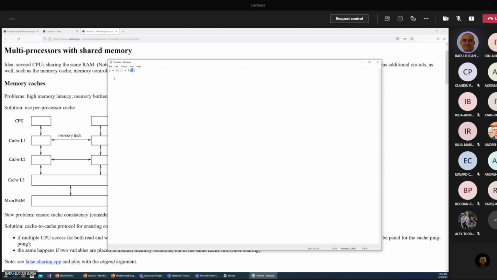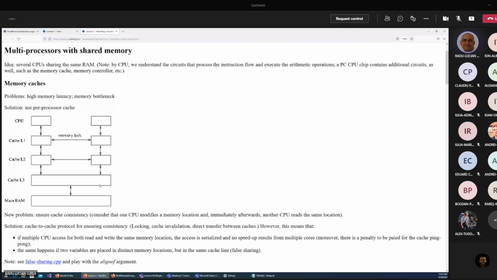And you keep in the main memory only the variables that are used more rarely compared to the other ones. And this way you can optimize things. So you put a faster and smaller memory where you put the objects that are accessed more often.